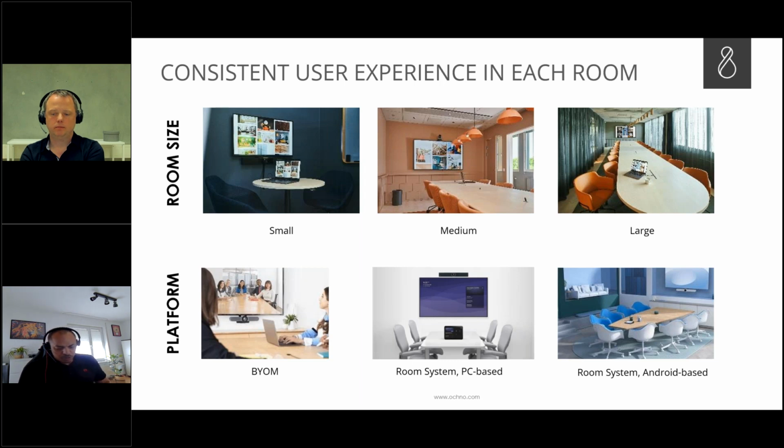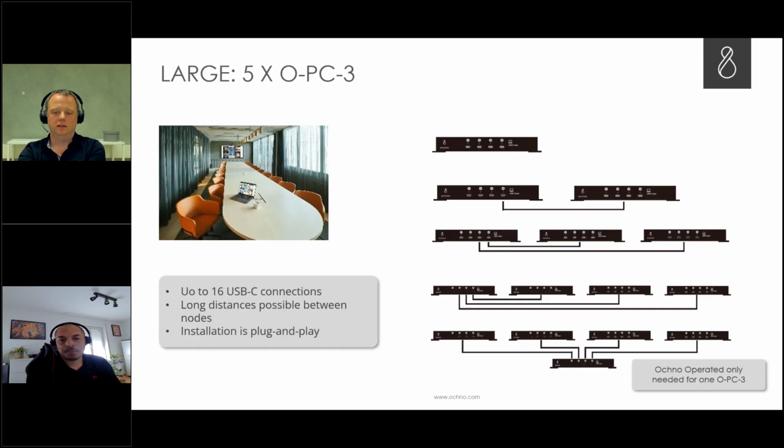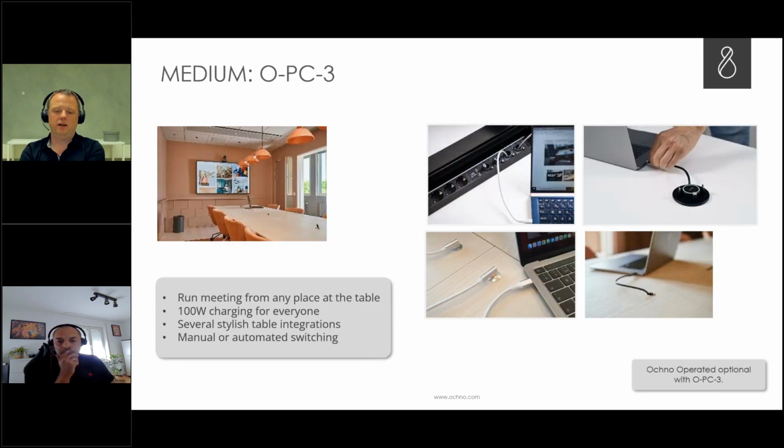The first question is, you mentioned the cable management of Evoko. Does Ochno itself provide any cable management options? So I can just show a bit here. We have regular 2 and 3 meter USB-C cables, and if you have your own solutions like Bachmann, Magic Hole, or something like that, you can use those.